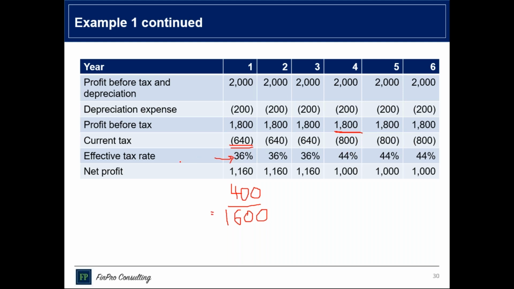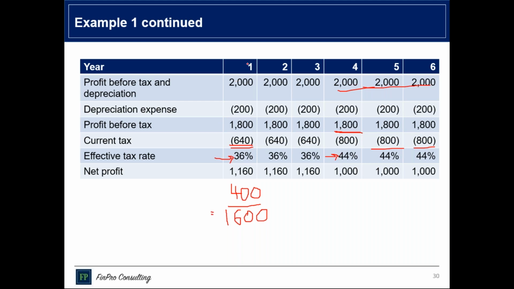Now fourth year onwards, if you see, my effective tax rate is 44%, which is nothing but 800 divided by 1800. So fourth, fifth and sixth year, I do not have any tax depreciation to be claimed. So I compute the current tax, which is directly 40% of 2000, which is 800, 800 and 800. Thereby my effective tax rate is 44%.